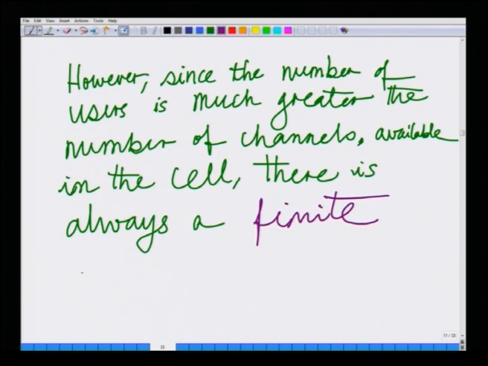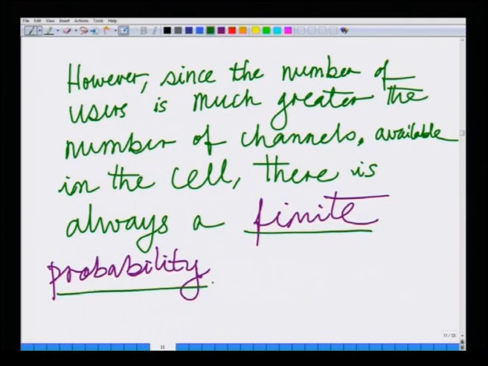There is always a finite probability that all lines are occupied.